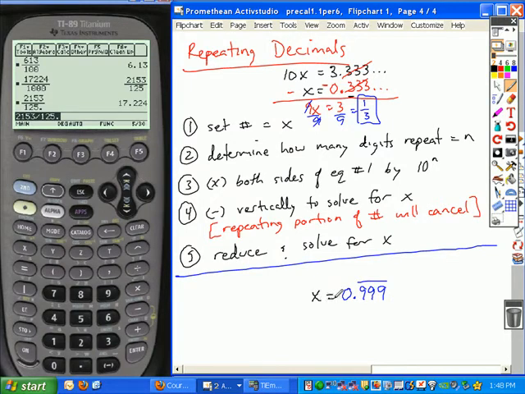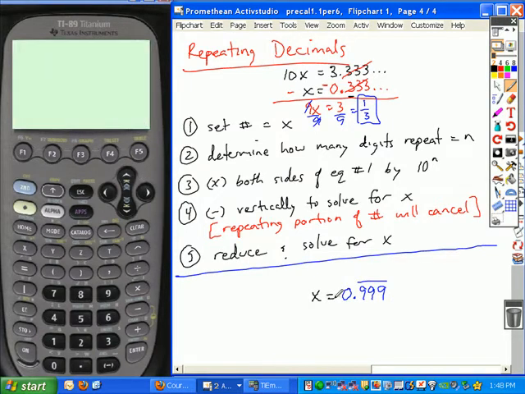So step 1, set x equal to the given number. Figure out how many digits repeat. One. We're going to take 10 to that power and multiply both sides of the equation by that. So 10 to the first is 10. Multiply the left side by 10, we get 10x. Multiply the right side by 10, we get 9.99 repeating. Once again, by doing this step, we should cancel out all of the repeating decimals, which we do.